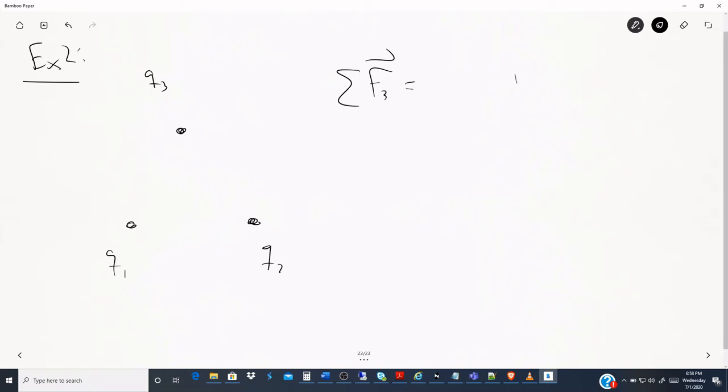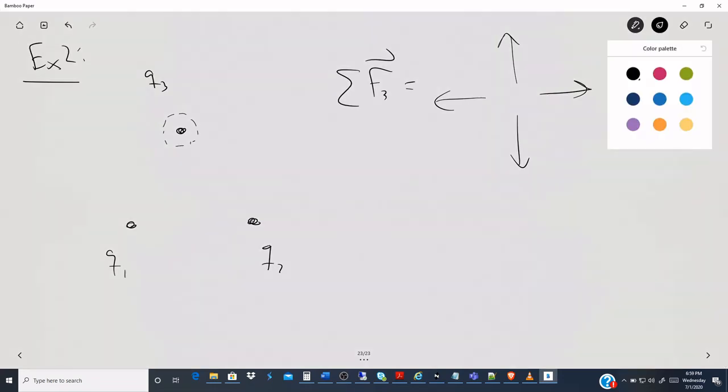So the net force acting on Q3 could point up, it could point to the left, down, or to the right. And the idea is, well, which of those is it? So the point of interest is Q3. And I want to know, okay, how's that going to work out?